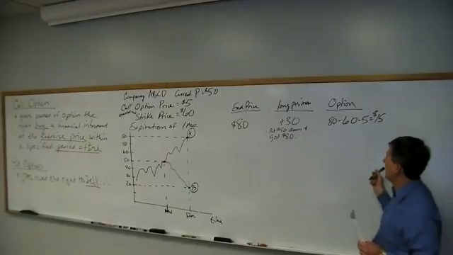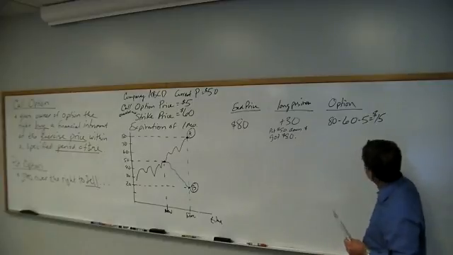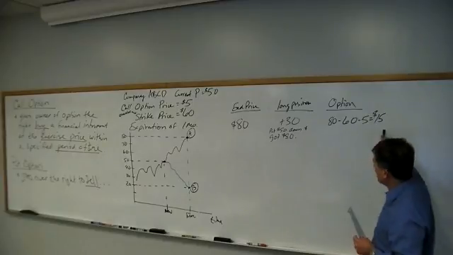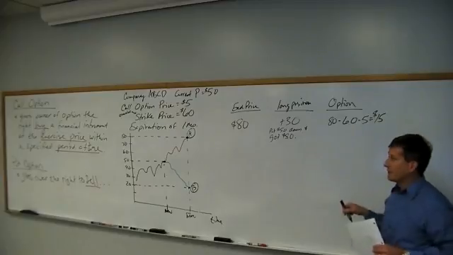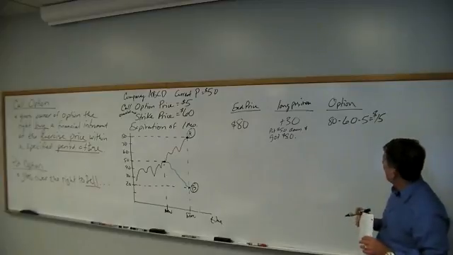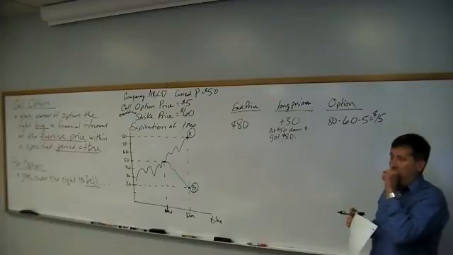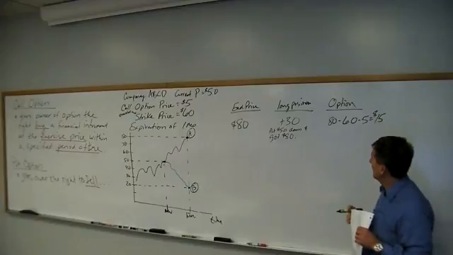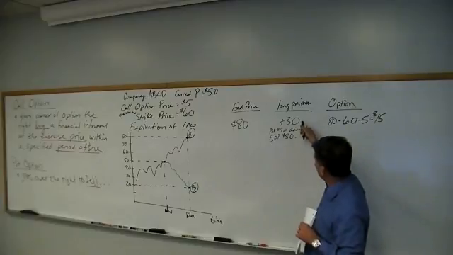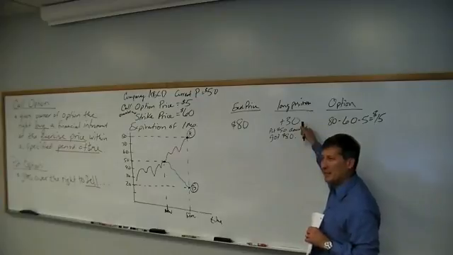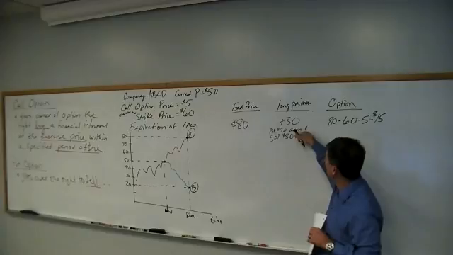Now, which one's a better rate of return between my long position and my option? I made $30. How much did I put down? 50. So I put $50 down and made 30.